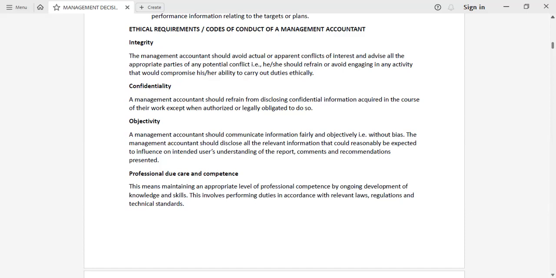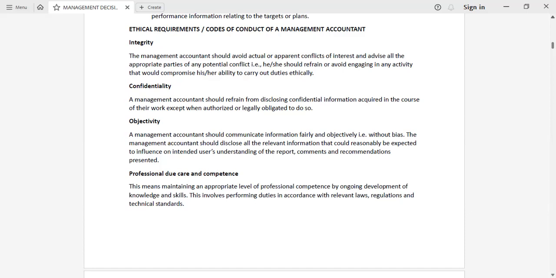Most of the times it is because of these confidentiality issues. These people who are still young, everything they see, they want to share on social media. So that's how it is. But we expect that the management accountant should be a person that can keep the secret information secret.